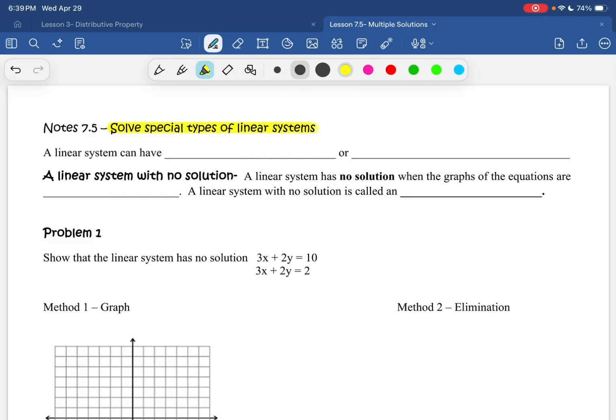So we have talked about when we solve a linear system, we have an answer, right? And our answer is always written as an ordered pair.